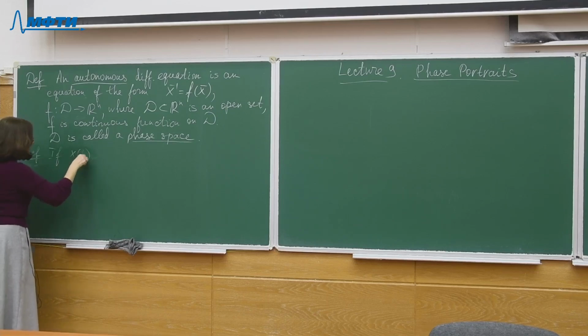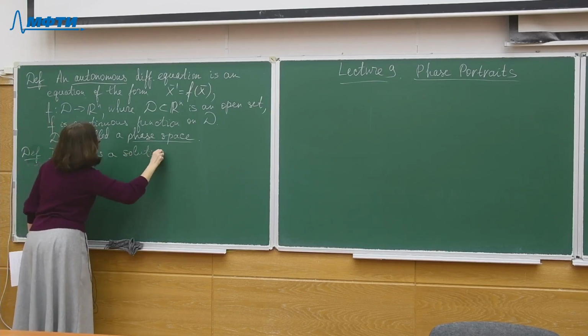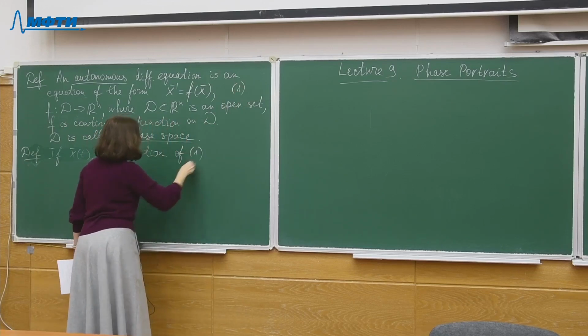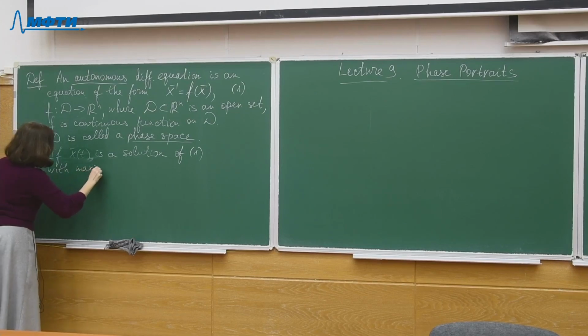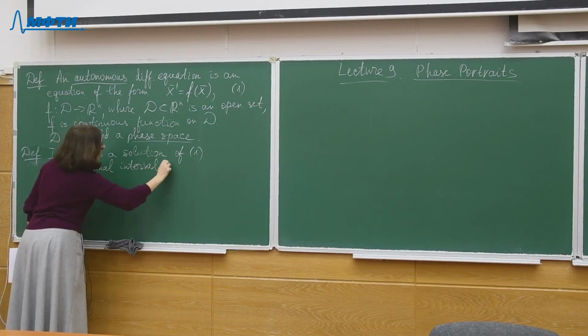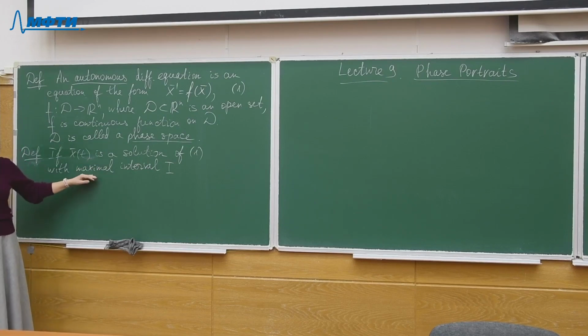If x of t is a solution of equation 1, is a solution of equation 1 with maximal interval I. So the notion of a maximal interval was discussed in the preceding lectures. So I'd like to recall some facts about maximal interval.